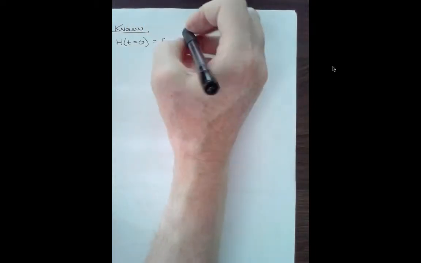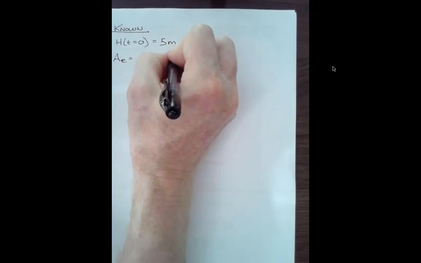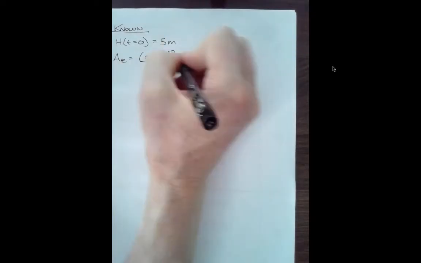So let's put in our known values. We know that H at T equals 0 equals 5 meters. That was given. We know that the exit area is 0.02 meters squared over 4 times pi.